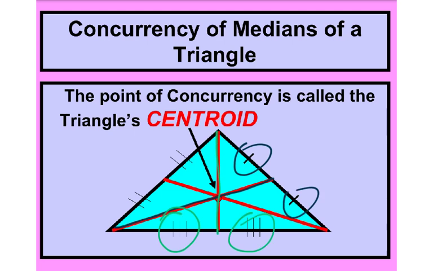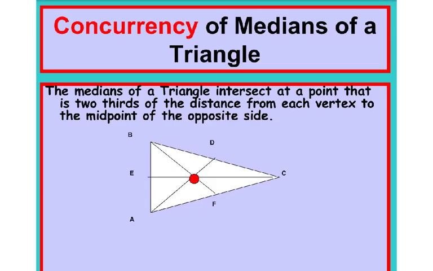So there's this one, and then if I start over here, I got this one, and you can tell that they're medians because it's not perpendicular, and it doesn't have any other markings except for the fact that it's a bisector.